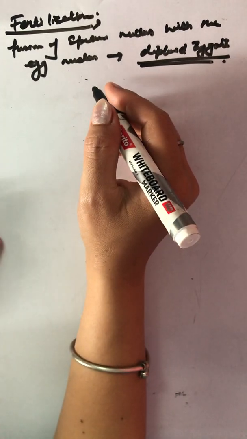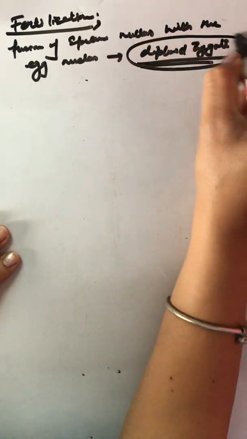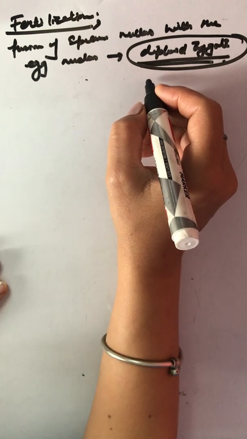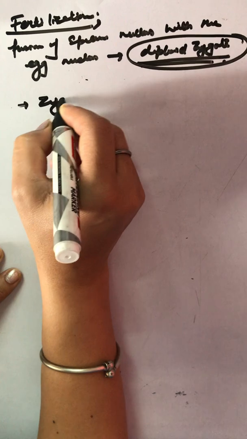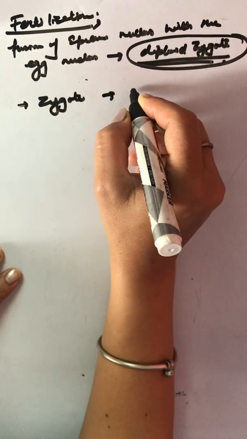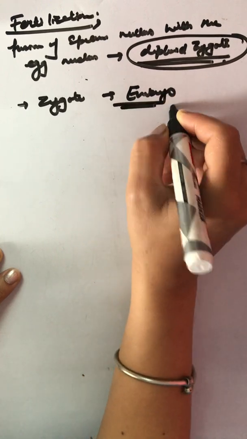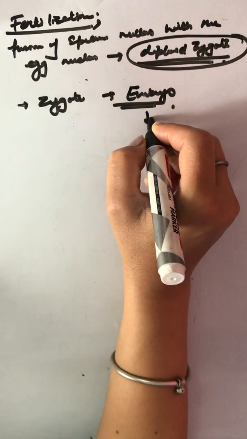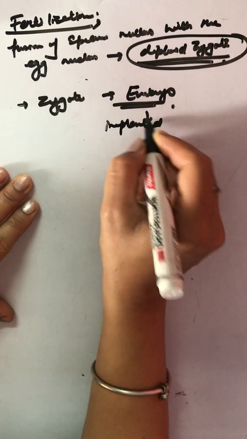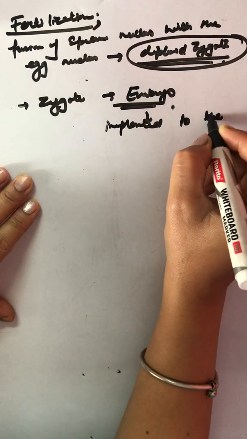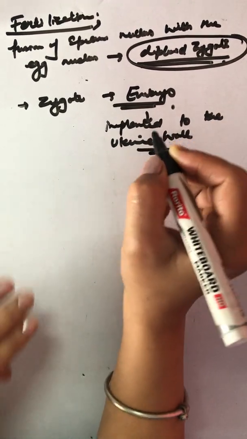And then post-fertilization, we say when this zygote is formed, this zygote will automatically transform into an embryo. This embryo is always attached or implanted to the uterine wall. Clear?